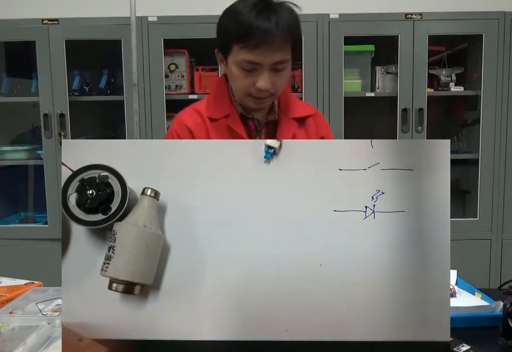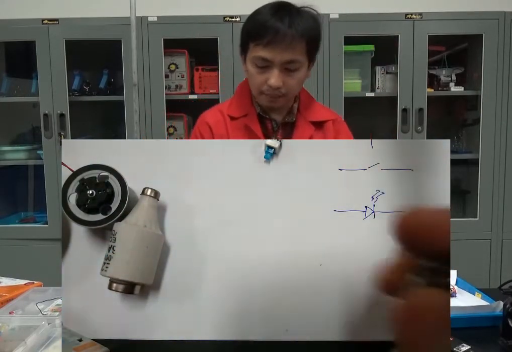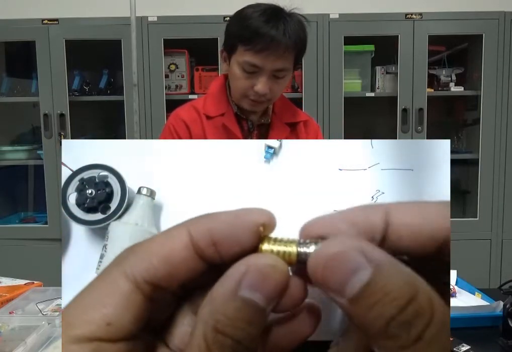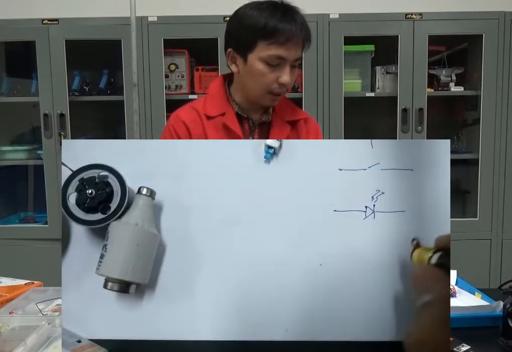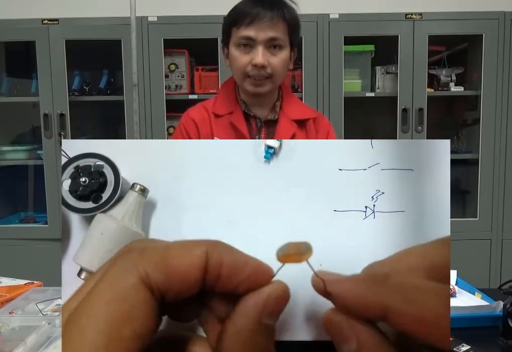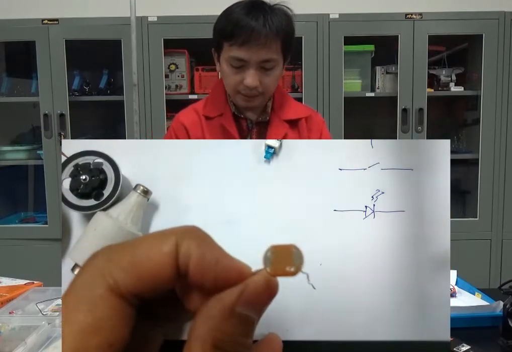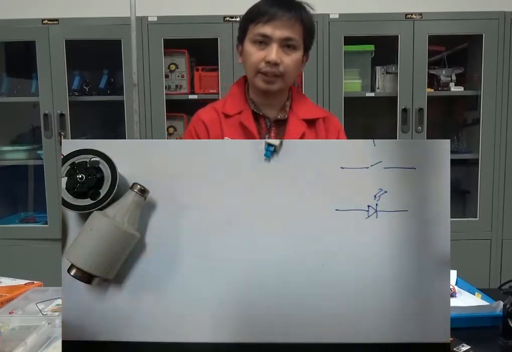And this one is a bulb, a conventional bulb, and we use it with the bulb holder. And here, interesting, a light emitting diode. What is the purpose of the light emitting diode?